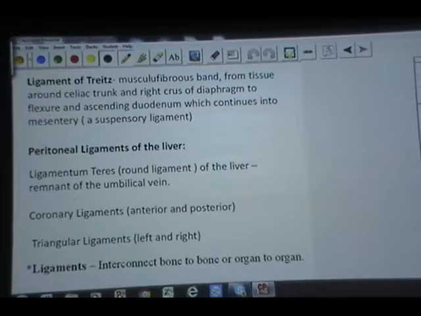But we have an interesting ligament. It's almost like there's some muscle in it.